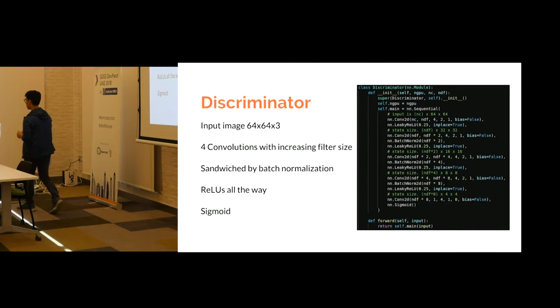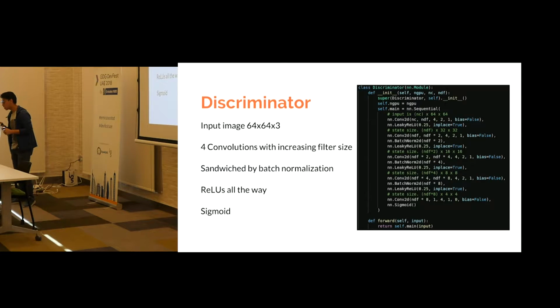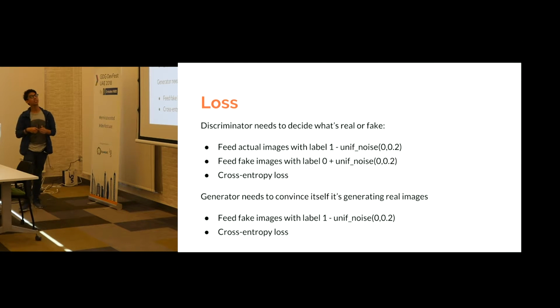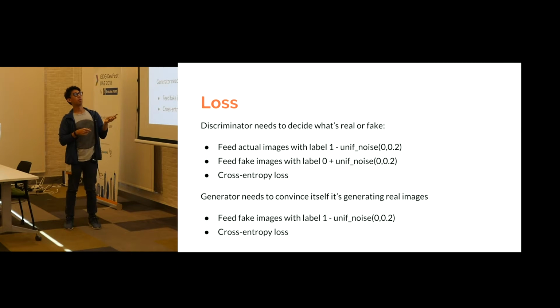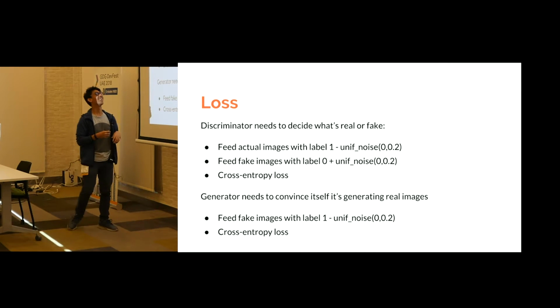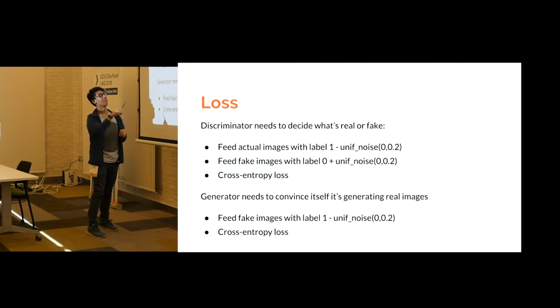Okay. Next is the loss function. So the discriminator needs to be able to decide what's real or fake. So we feed the actual images, the real images, with label 1, plus some uniform noise. This is from the guy who created PyTorch. He advised when doing GAN, you should add some noise to the label, so it's not a hard label sort of thing.